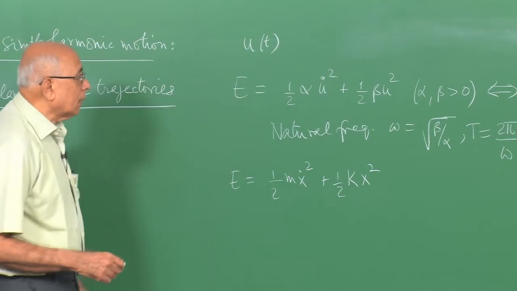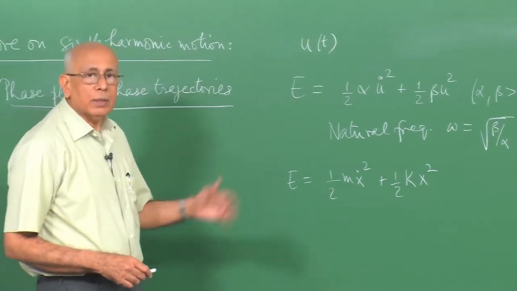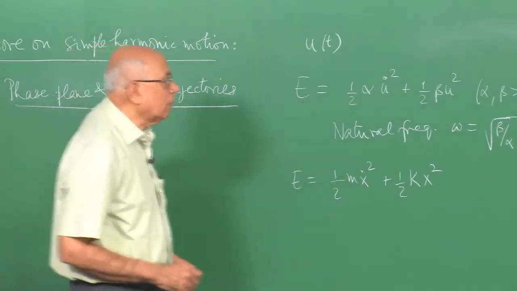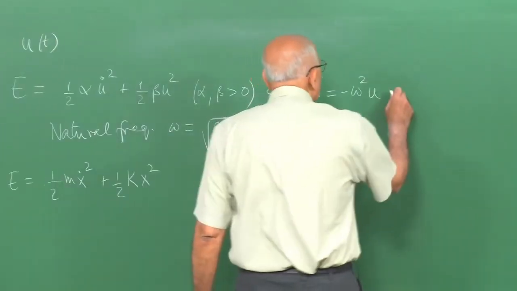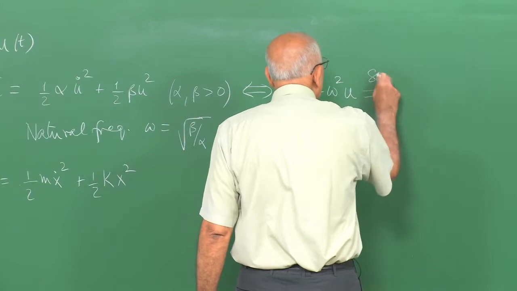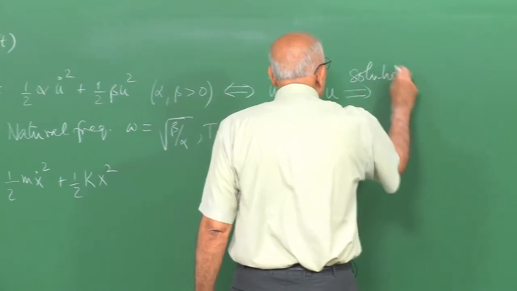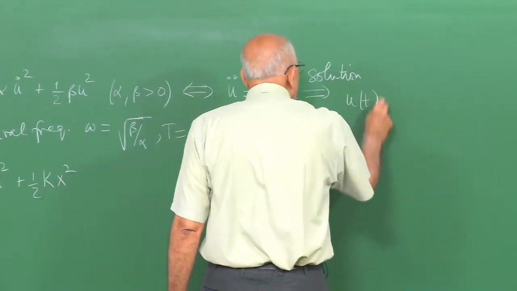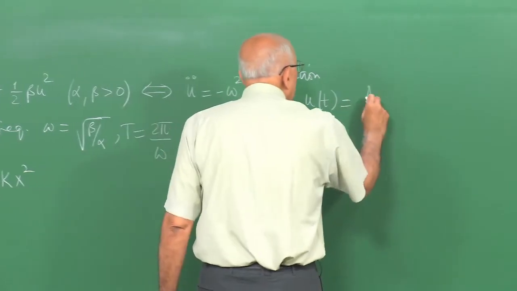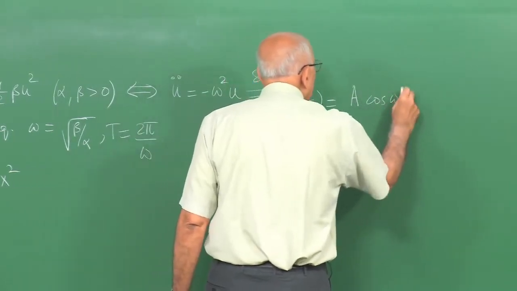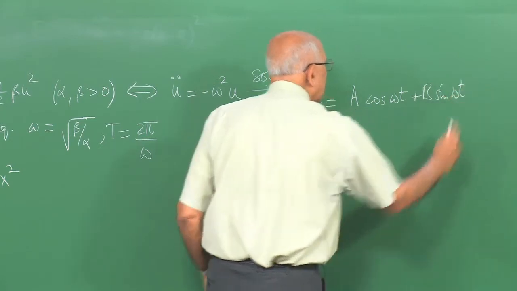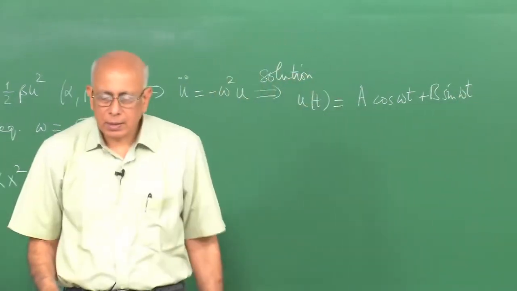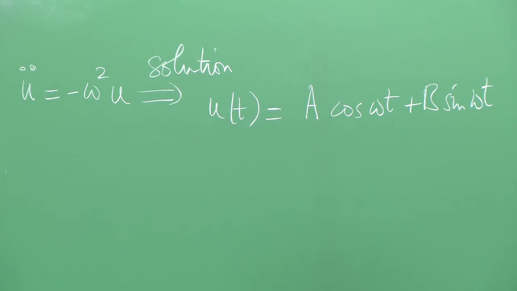Now one way of understanding this motion is to explicitly solve this equation, and we saw that the solution of this equation could be written as u of t in the general case of the form a cos omega t plus b sin omega t, where a and b are constants to be fixed by specifying the initial value u of 0.